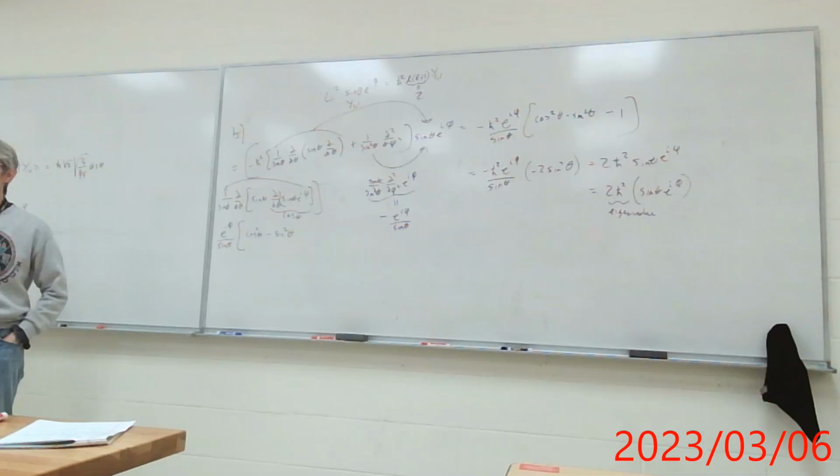And so if you do that, L in spherical coordinates is h bar over i, unit vector in the phi direction, ∂/∂theta, minus unit vector in the theta direction, 1 over sine theta ∂/∂phi.